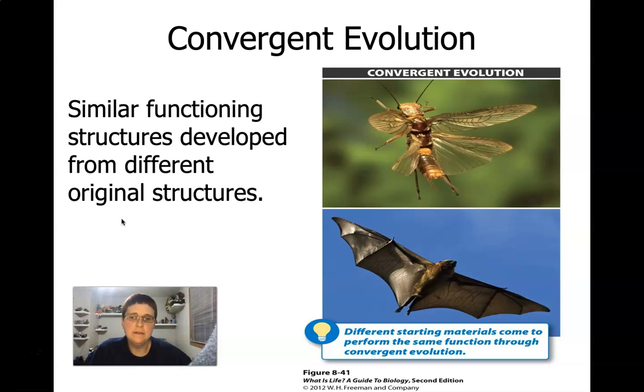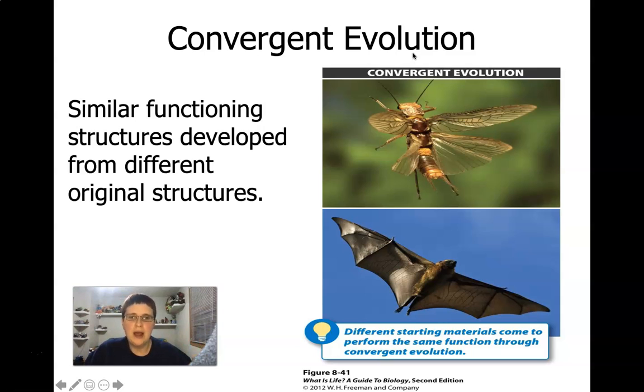They have different ancestors. And so wings are a great example of this. You know, wings are found in bats, birds, and insects. The starting materials are different, but they have the same function.